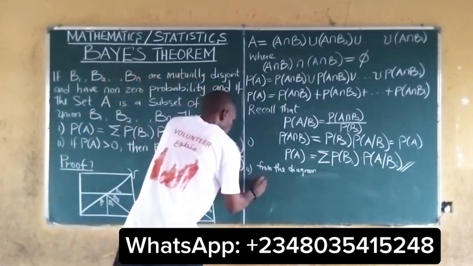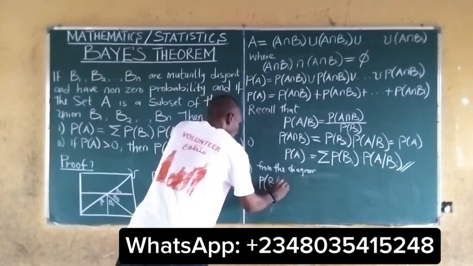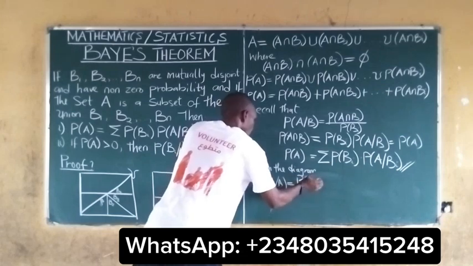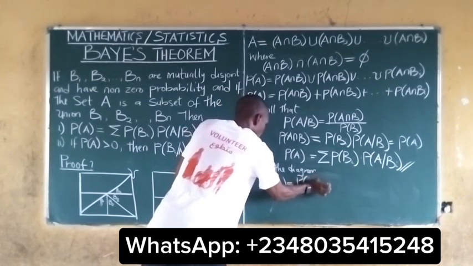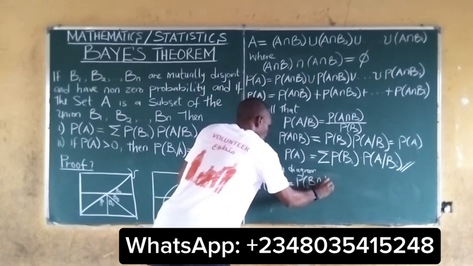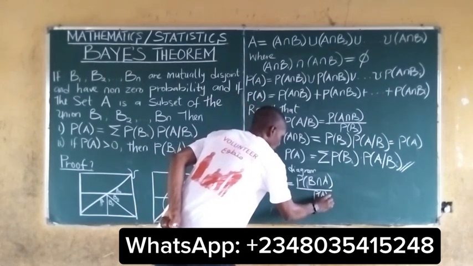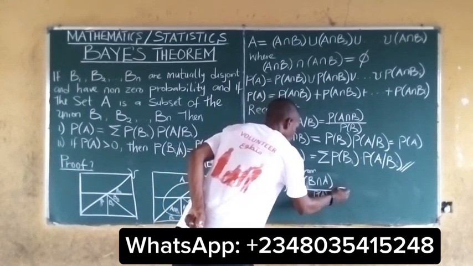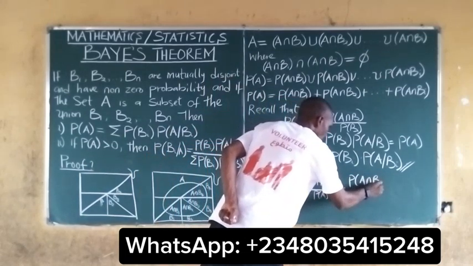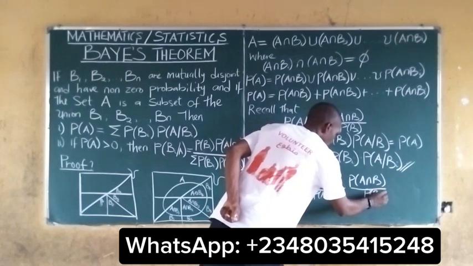So it means that the probability of Bi given that A has happened is equal to the probability of Bi intersection A all over the probability of A, which is also equal to, like what we wrote before, the probability of A intersection Bi all over the probability of Bi.